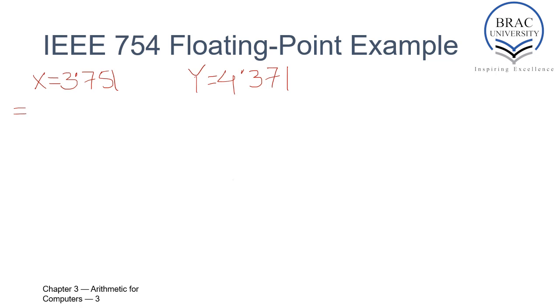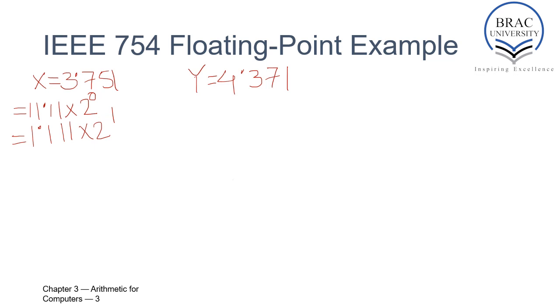So x is 11.11 into 2 to the power 0. This is the binary equivalent of x. To generate the normalized form, we write 1.111 into 2 to the power 1.